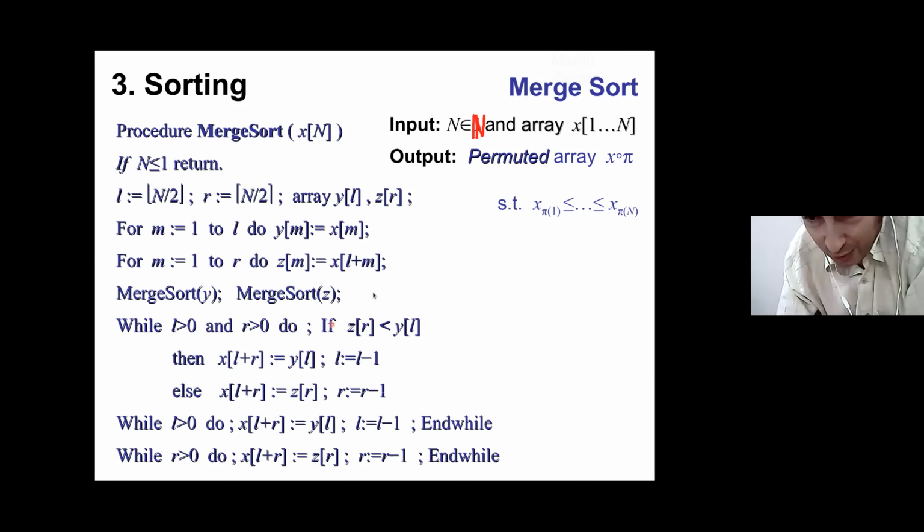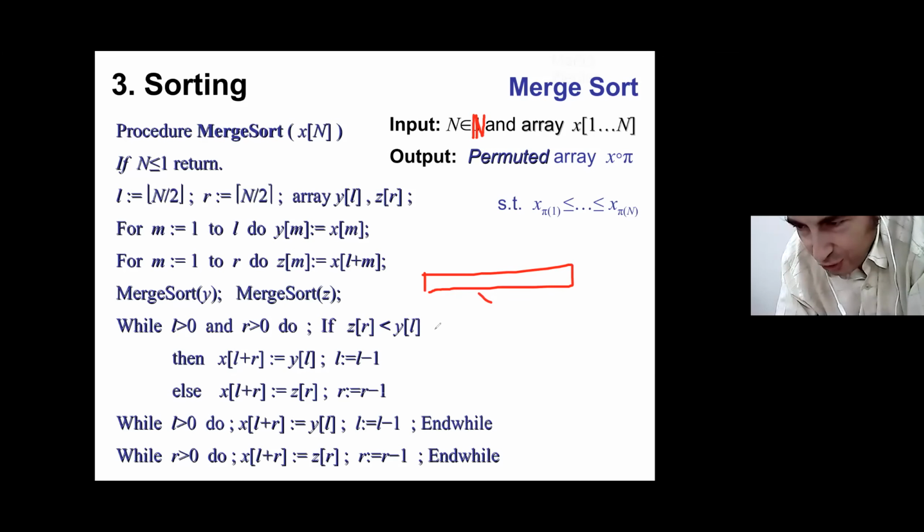So you have an array X, and you copy this into two parts Y and Z. Then you sort them with the recursive calls, and then you merge.